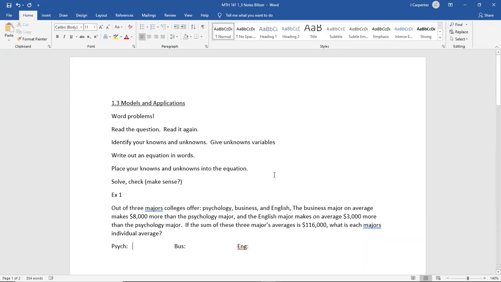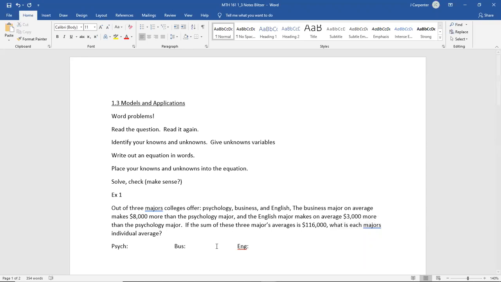So those are our three majors, and they're going to make some amount of money. But we don't know exactly how much money they're making yet. In fact, that is the literal question at the end. What is each major's individual average? So our goal is to find these, but for now, they're unknown. If they're unknown, we give them variables. Now, when I say variables, I don't necessarily mean X, Y, Z. Maybe in a more complicated problem, we have to do that.